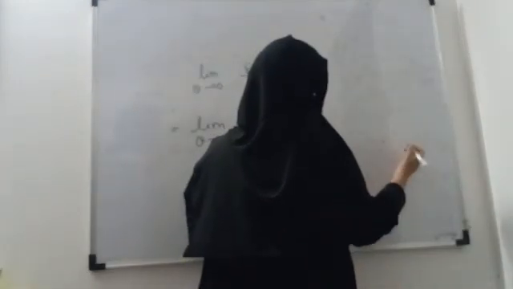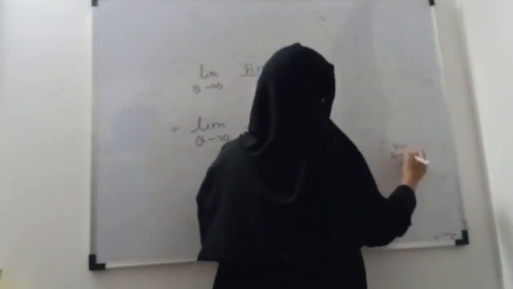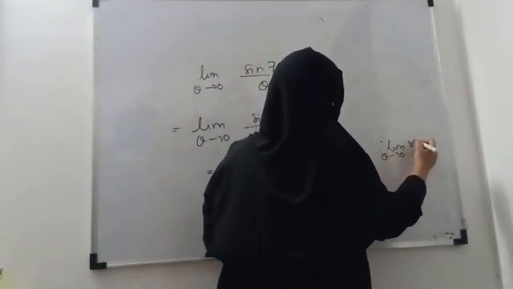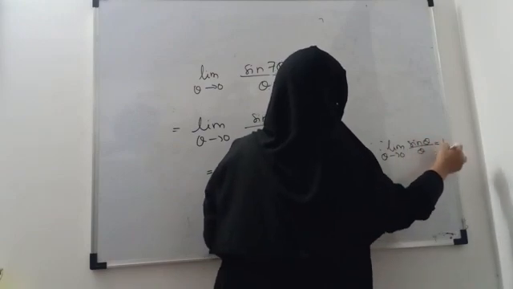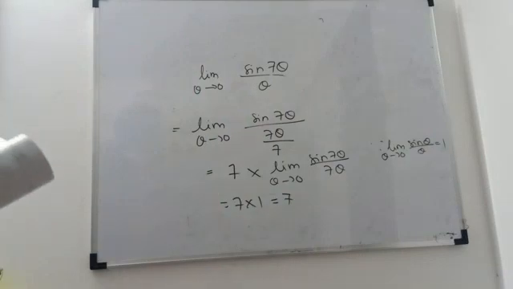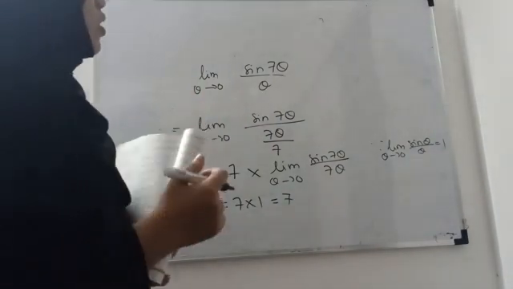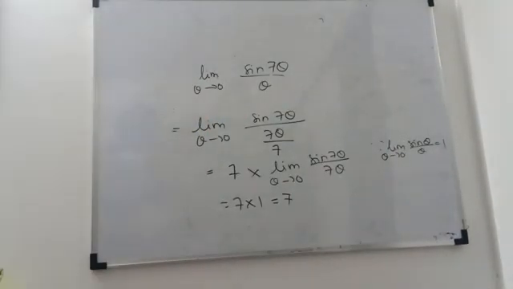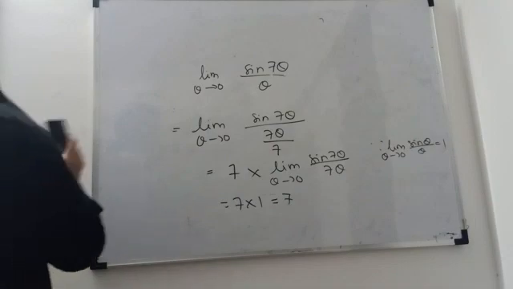You have to mention the reason, since limit theta tends to 0, sine theta upon theta is equal to 1. Okay. You have to mention the result. So this type of problem can come in the MCQs or can come for 1 mark. Okay. Now we'll solve problem number 6, page number 146.